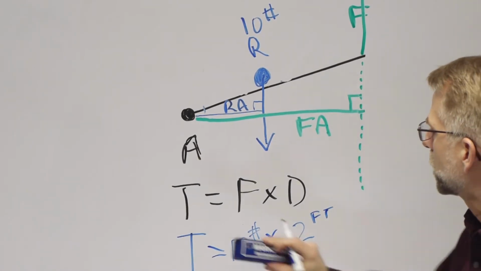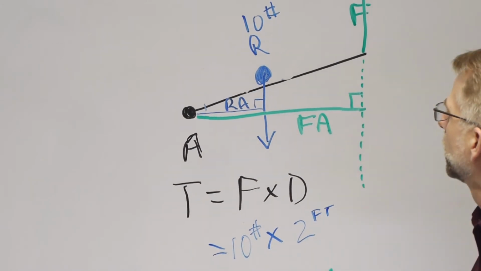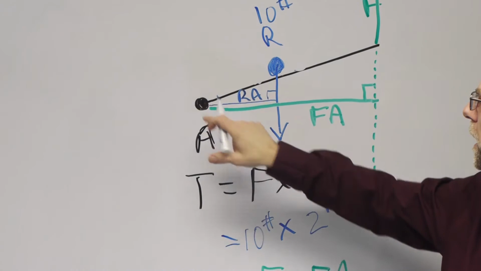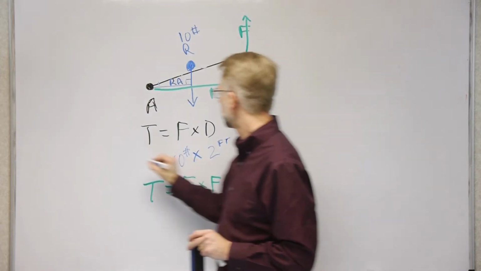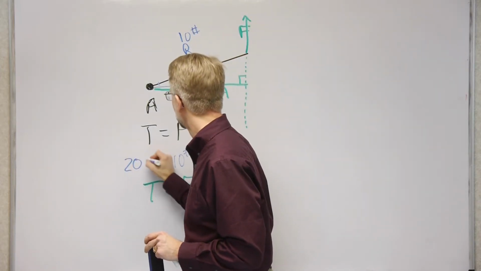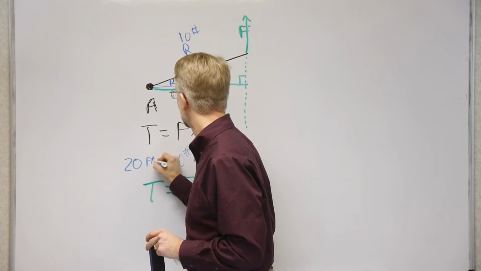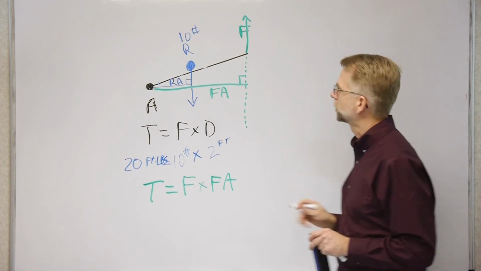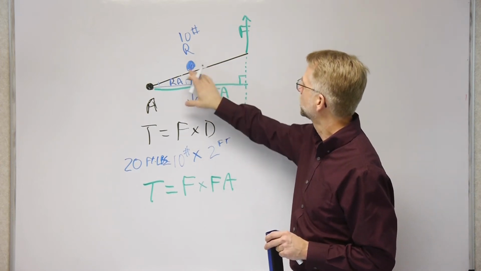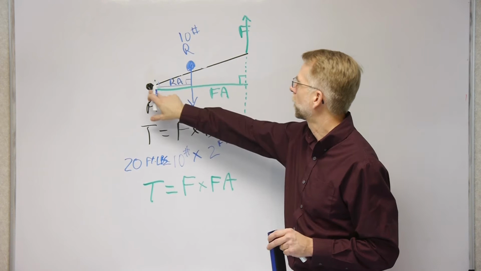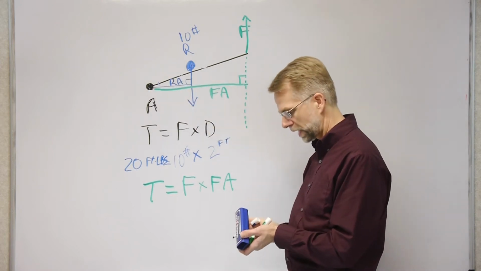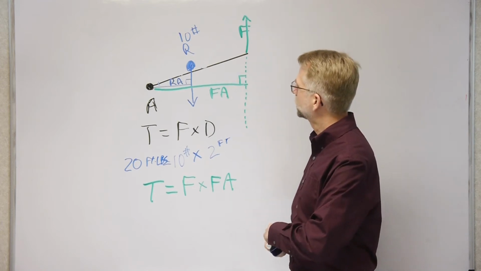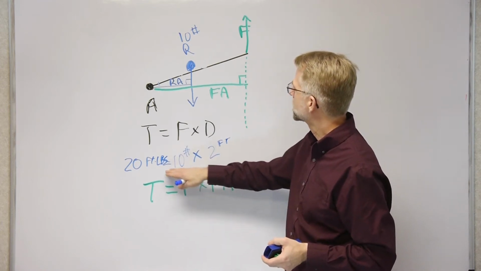So then the torque created by this resistance acting around this axis, which is the axle of our wheelbarrow, would be 20 foot-pounds. So that's the torque that this resistance is applying around this axis to that lever. So that's the resistance torque.